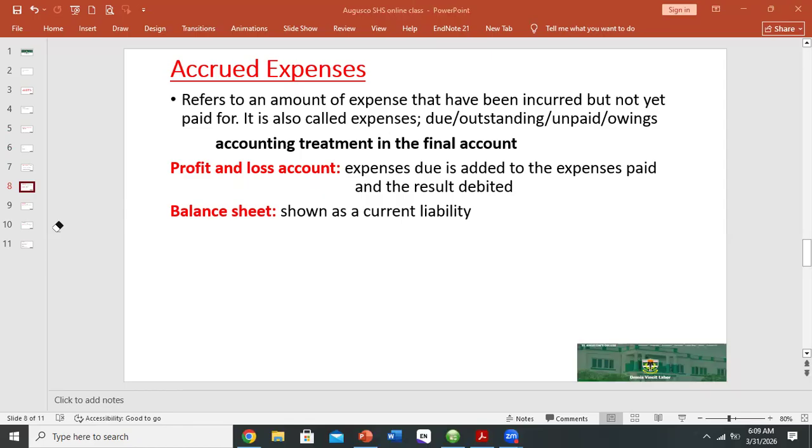And in the balance sheet, you show it as a liability. And if you acknowledge the scenario I cited, then you would appreciate that if you have used somebody's building for 1 year and you haven't paid rent, that is technically a liability, a debt you have to pay or settle.